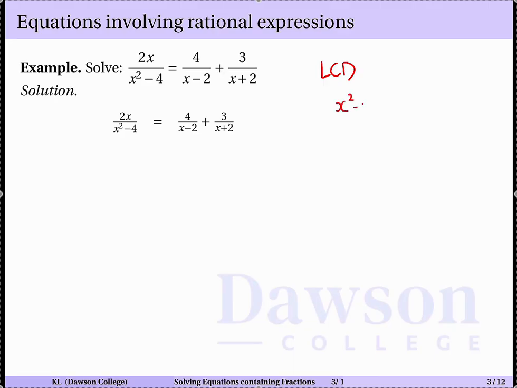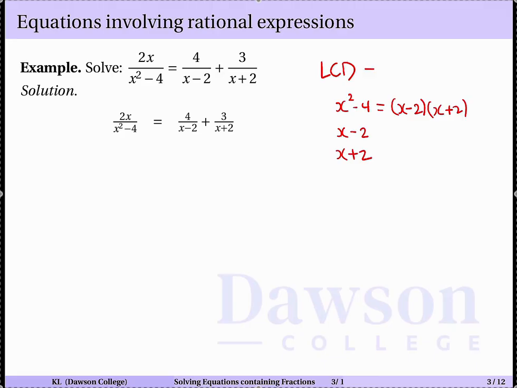So we have x squared minus 4, which can be factored into x minus 2, x plus 2, and then the other denominator, x minus 2, and then the last denominator is x plus 2. So when finding the LCD, we consider all the factors that we see in all the denominators, and then take the highest power that factor has.